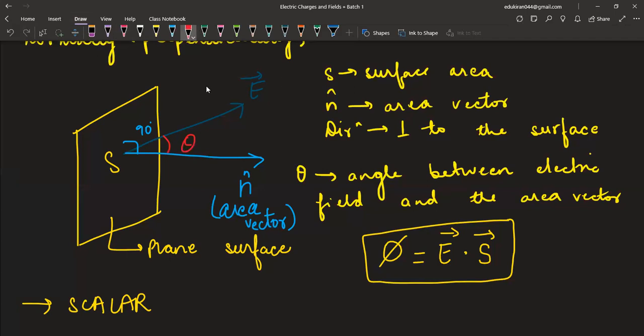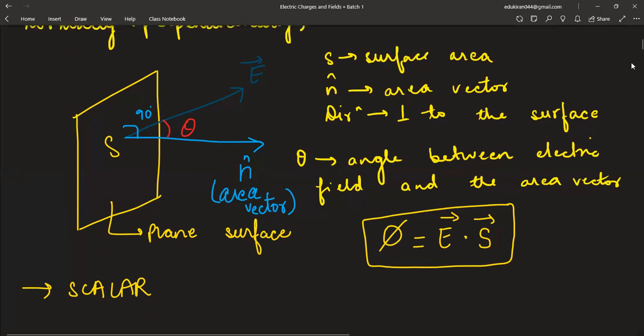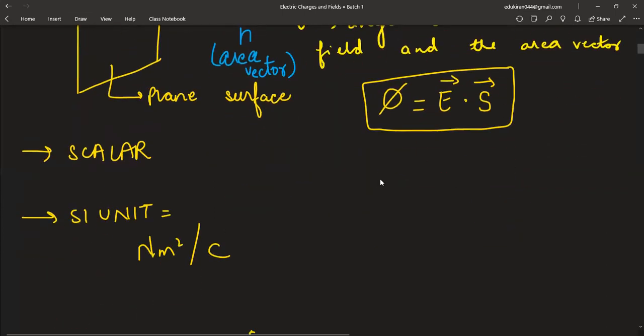All right. So the electric field is at a random angle, the area vector is perpendicular to the plane surface, and theta is the angle between them. Now the formula is simply phi equals E dot S. You take the dot product.